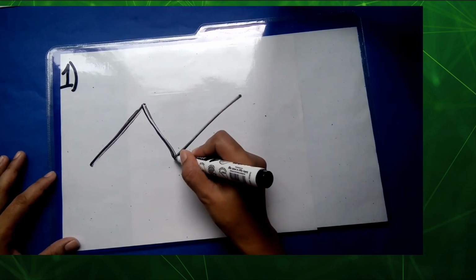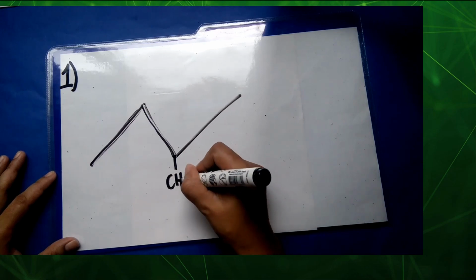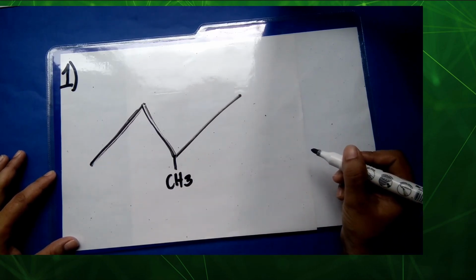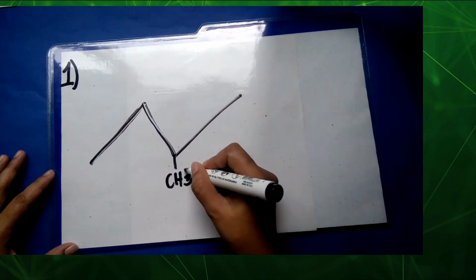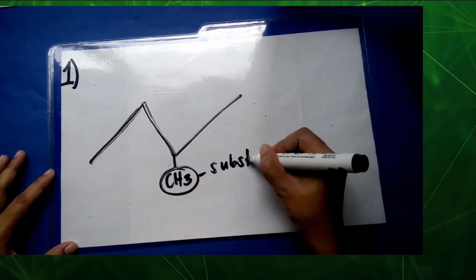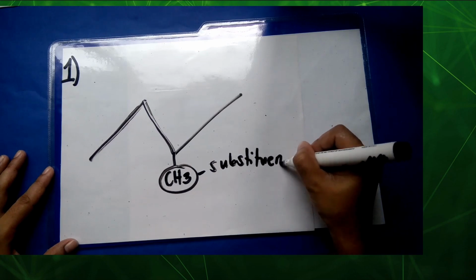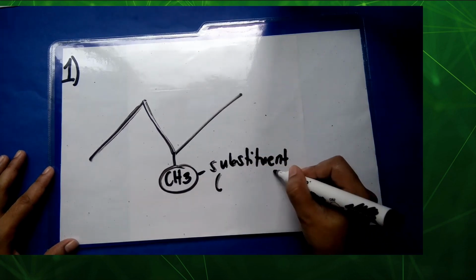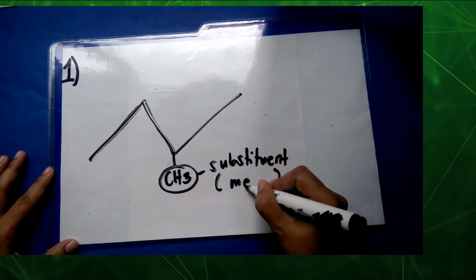Okay? So, let us place here the substituent. Katulad ng kanina. So, again, this is the substituent. The name of the substituent alkyl group is a methyl.